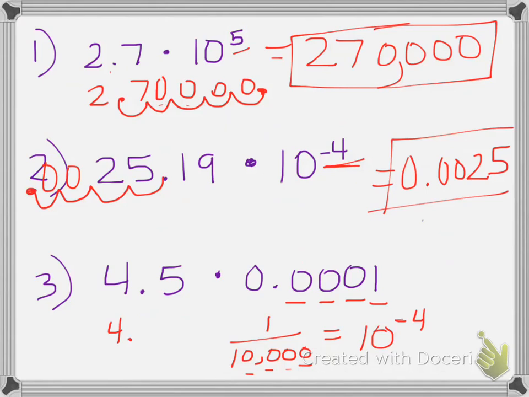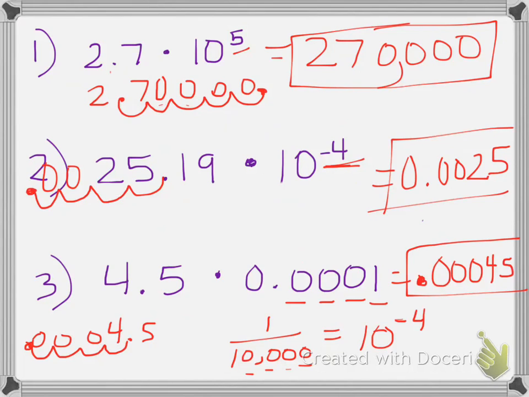And I'm going to make some more room for myself. 1, 2, 3, 4. Add in your zeros, and then rewrite it. Point. 1, 2, 3. There's 3 zeros. There's my decimal. 1, 2, 3, and oh no, I'm going to run out of room. 4 and a smushed 5. Alright, there's your answer for that one.